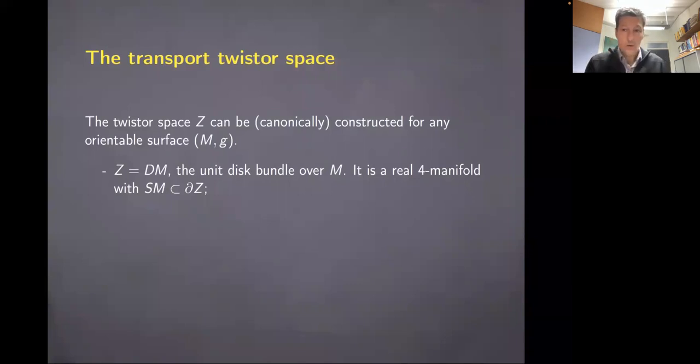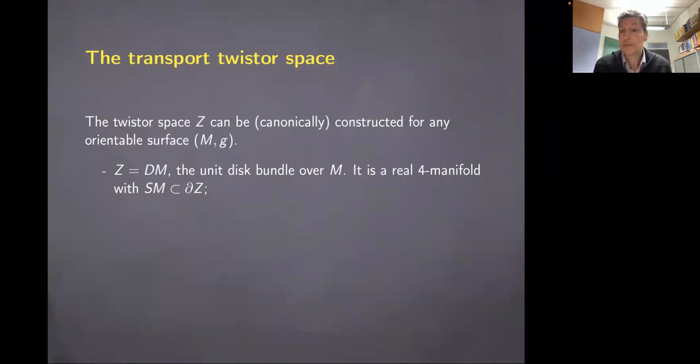Now, what is this object? Well, it ends up being, from a topological point of view, completely trivial. And in some sense it's what you would expect, because we were looking at functions that were fiber-wise holomorphic, and I told you those are essentially functions that have a holomorphic extension to the disk. So it makes perfect sense to fill in the vertical fibers of the unit tangent bundle with disks, and there's no easier way to do that than to consider the disk bundle.